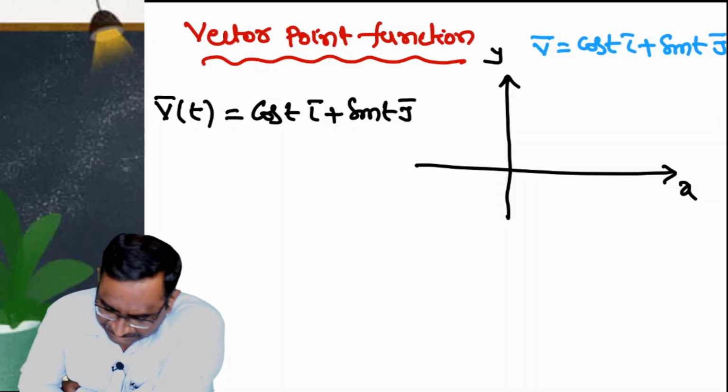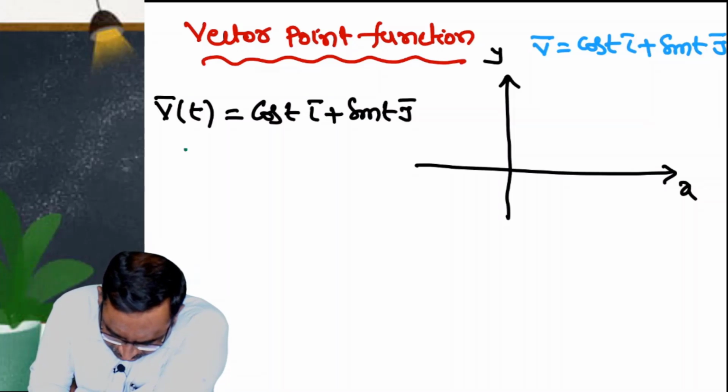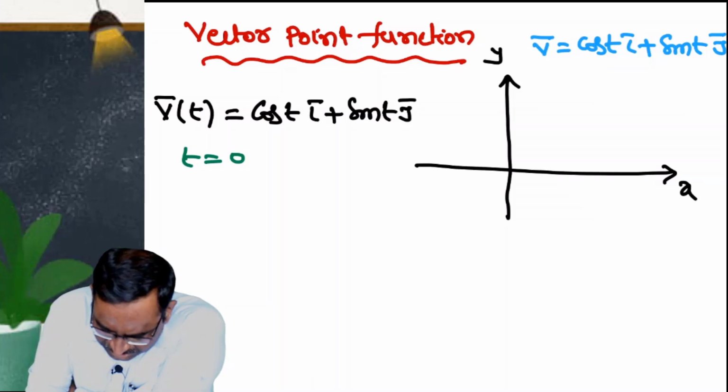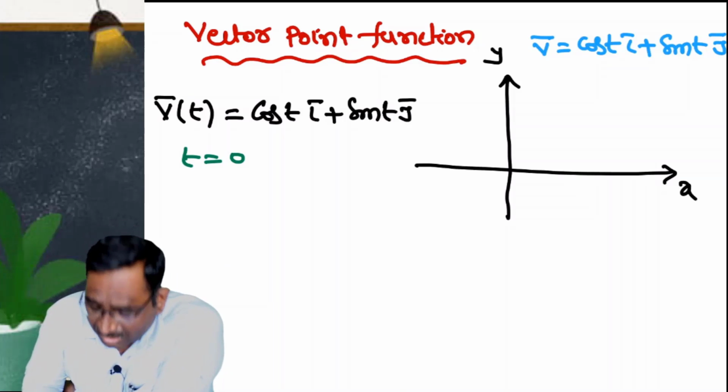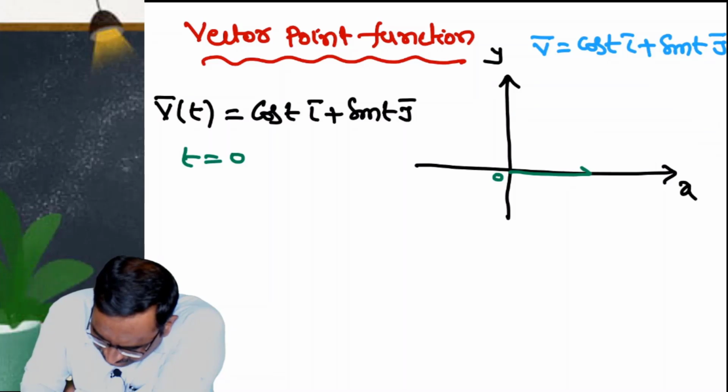Now let us see. When t is equal to 0, what is v bar of t? It is equal to i bar. When the initial value of t is 0, this is i bar, in this direction.